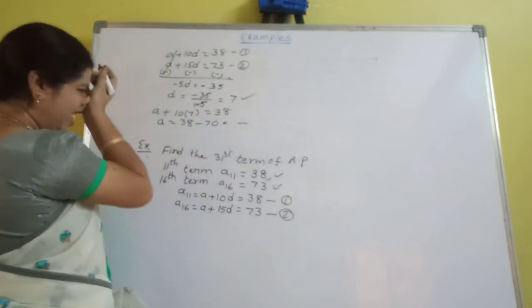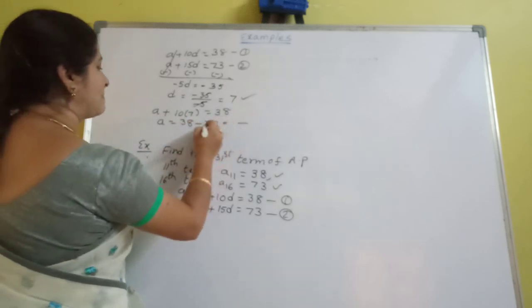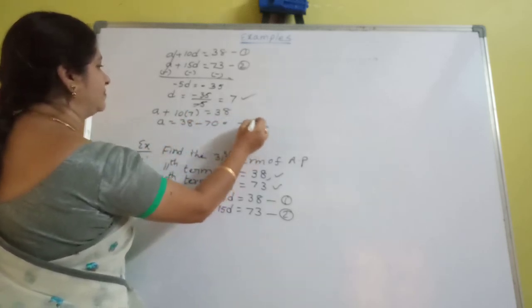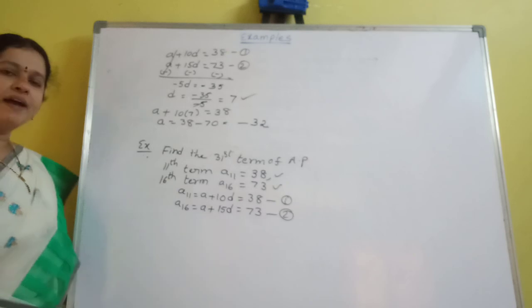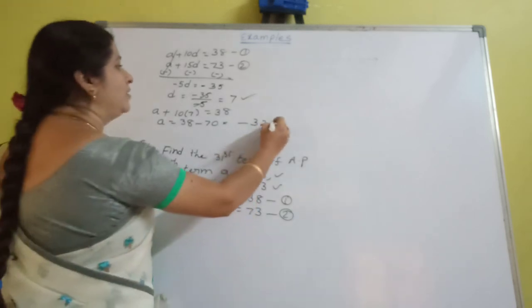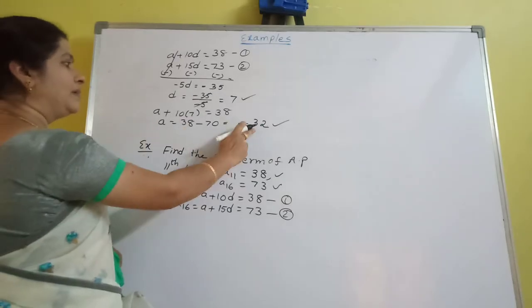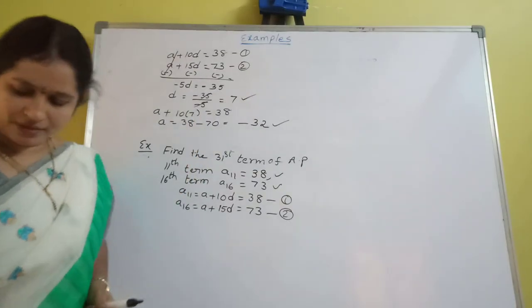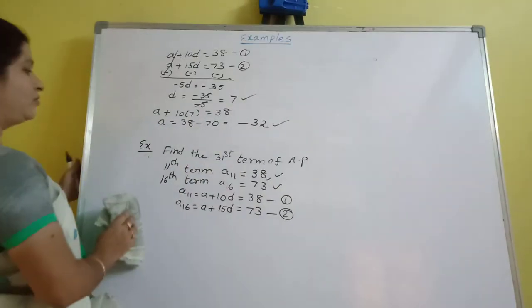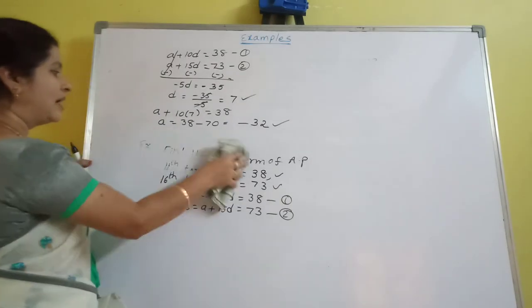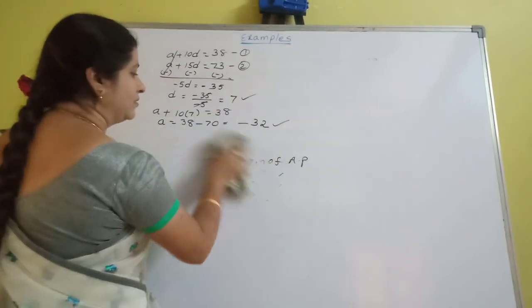So A value is minus 32. So D value 7, A value is minus 32 in the series. So the starting term is minus 32 in the series. By using these two values, you can find the 31st term.